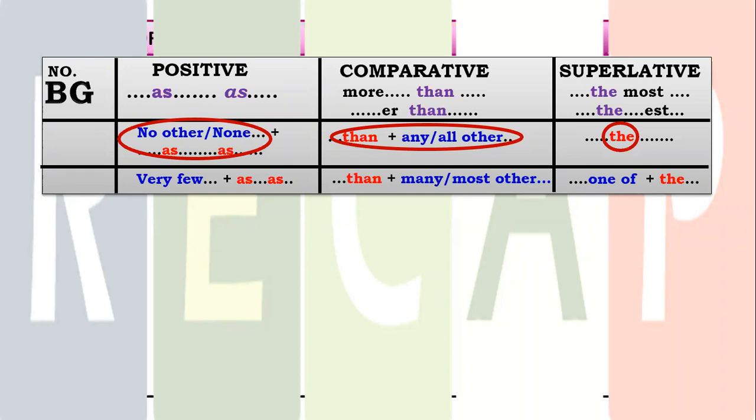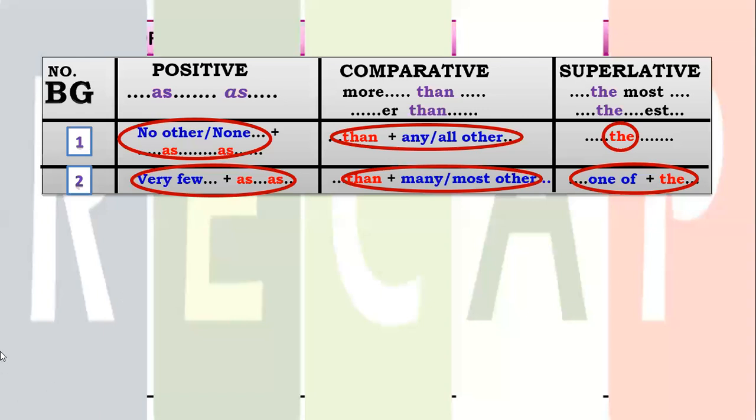But whenever we want to show that an object or person compared has a little competition, we use another combination, that is one of the, than plus many other or most other, very few plus as and as. So this goes for the second type of more than two things. Let me remind you, both these types of sentences have comparison of more than two things.